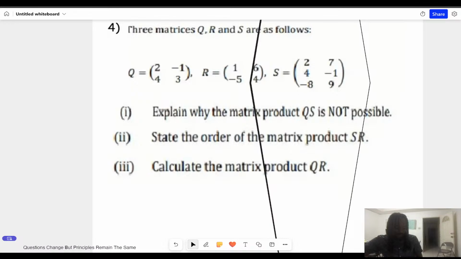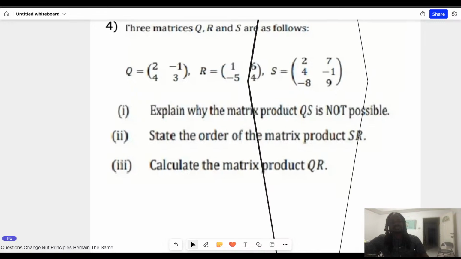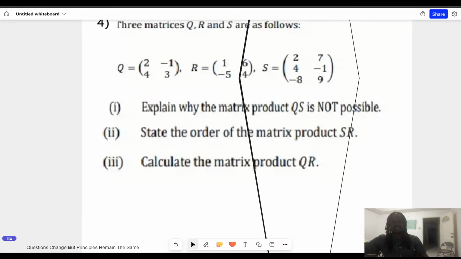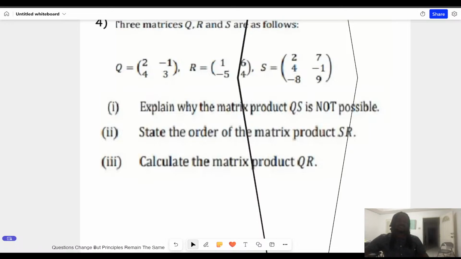The third question, you are supposed to actually multiply it and figure out what the answer is. So 3 matrices Q, R, and S.